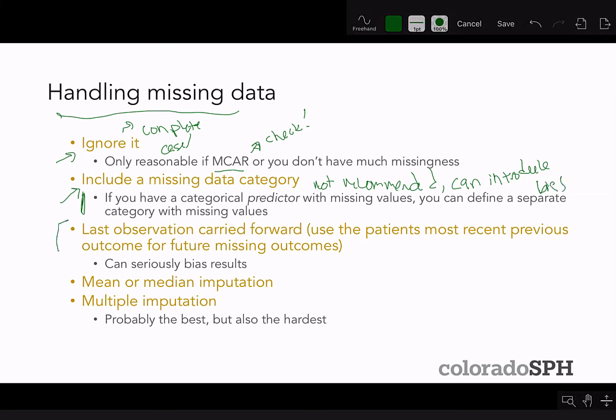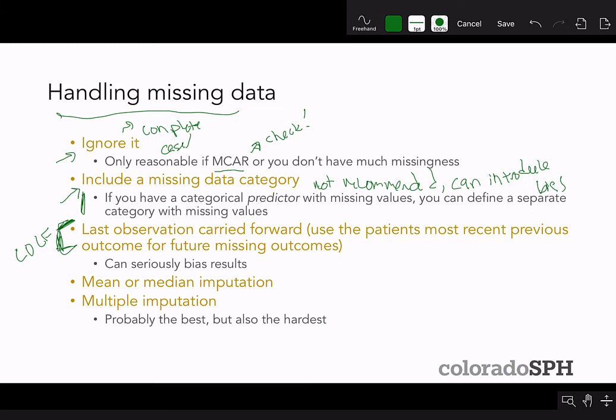So another common one is called the LOCF method, which stands for last observation carried forward. And this is actually pretty popular. You see it fairly often in clinical trial analysis. But what it does is, let's say that I'm in a clinical trial and I'm supposed to be observed for 5 time points, but I only show up for the first 3.